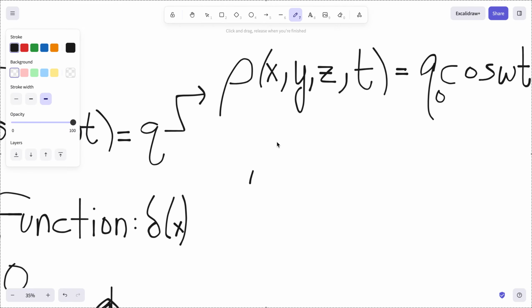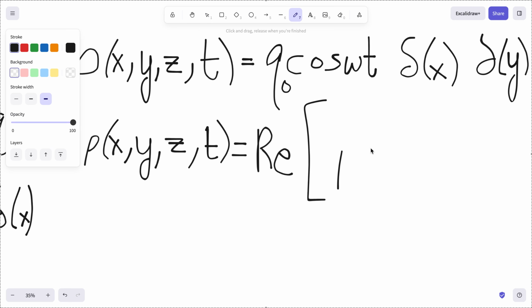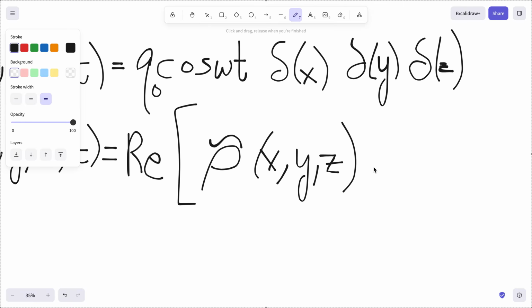From there, we can keep going. Since we have that cosine, we can describe it using phasor notation, and say that rho of x, y, z, t is equal to the real part of the phasor rho of x, y, z times e to the j omega t.